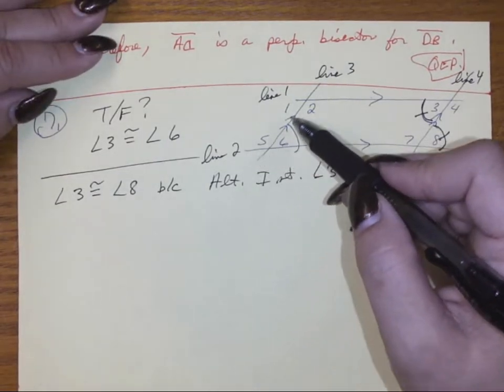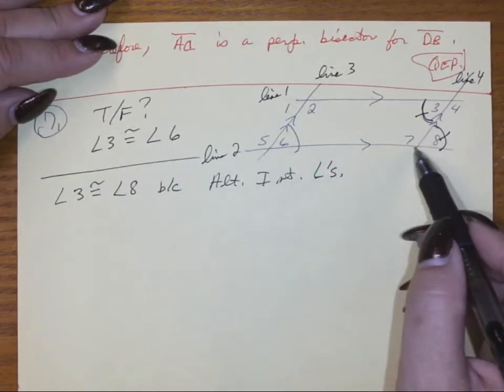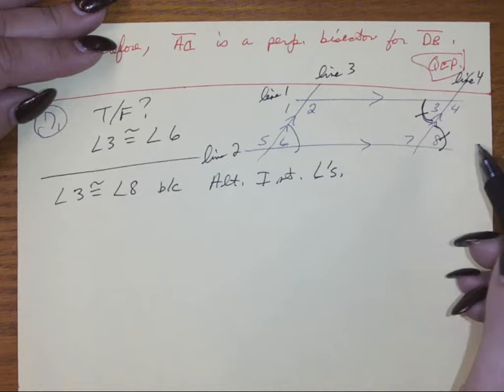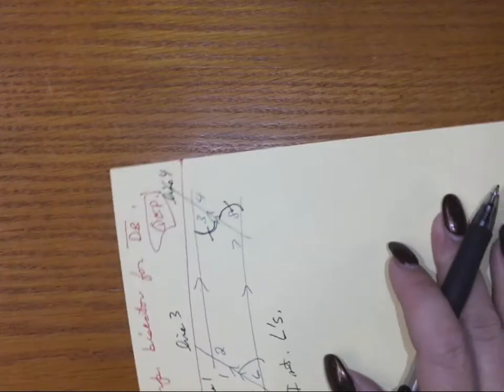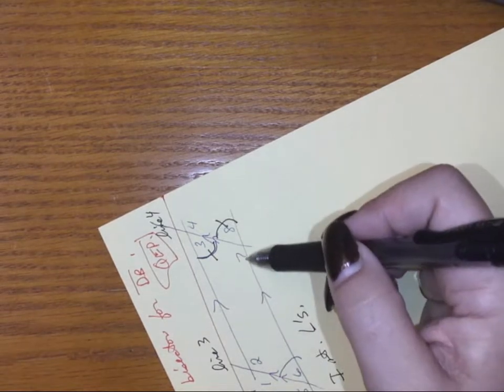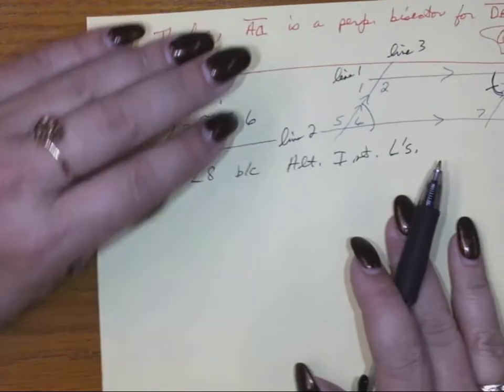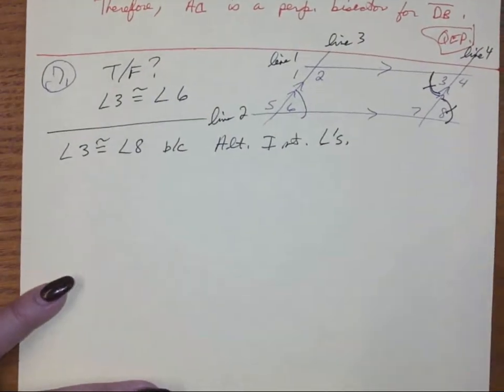Okay, and then what we want to know is 6 congruent to 8 when I use the parallel lines 3 and 4 here. And now we're talking about the transversal being line 2. So if you needed to, you could even pick your piece of paper up and rotate it around, right? We're talking about this line's parallel to this line and looking at line 2 as my transversal. Okay, so if rotating your paper helps you, then rotate your paper. It's fine.